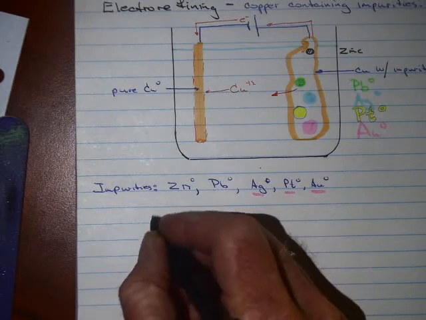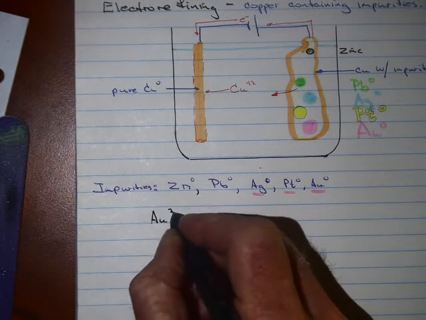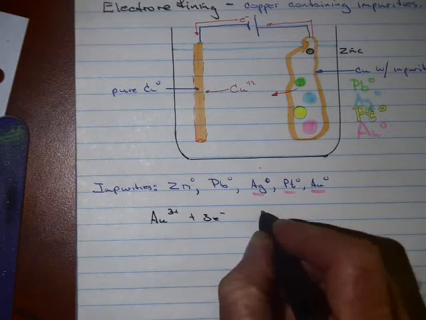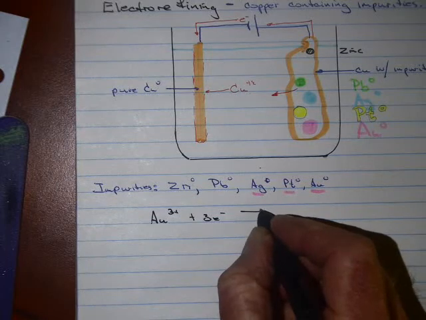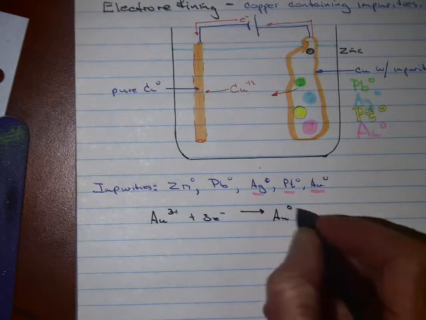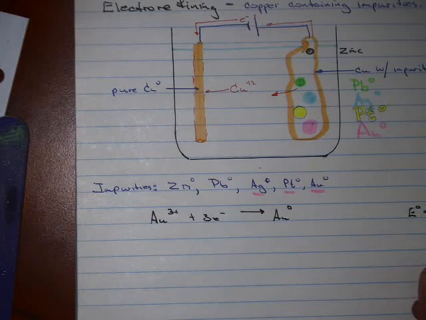So the first one is gold 3 plus plus 3 electrons goes to elemental gold, and its half cell potential is plus 1.50.